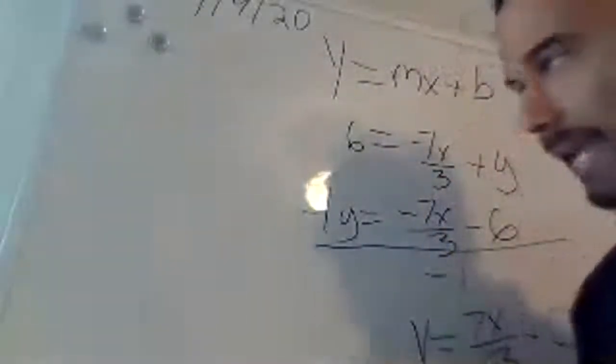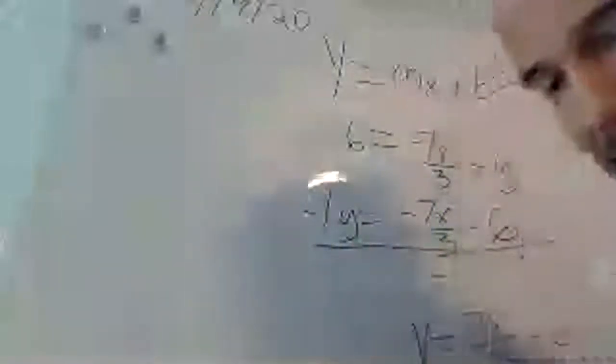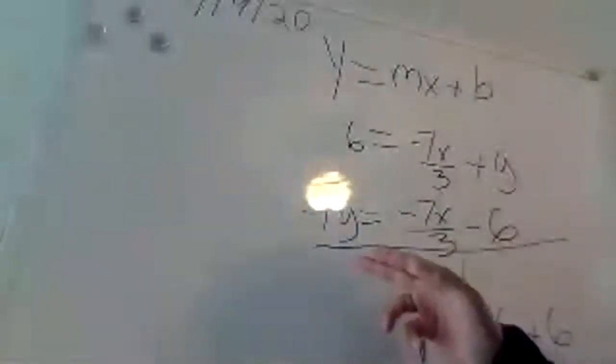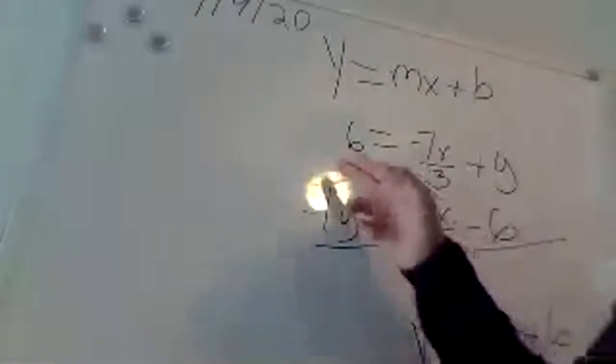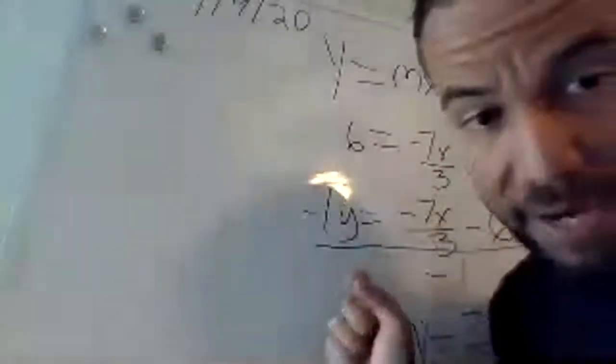And there's all kinds of little rules that people use. Some people will just say, move it across the equal sign. And then if it's a negative that's across the equal sign with the y, make everything the opposite. There's a million ways to think of it. I like the fact that I know there's always a 1 before the variable, before that y, because all these letters in math represent variables.